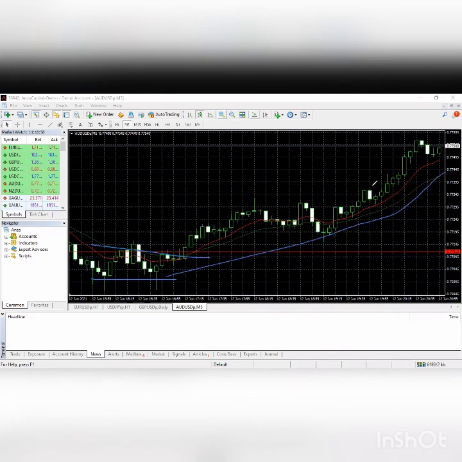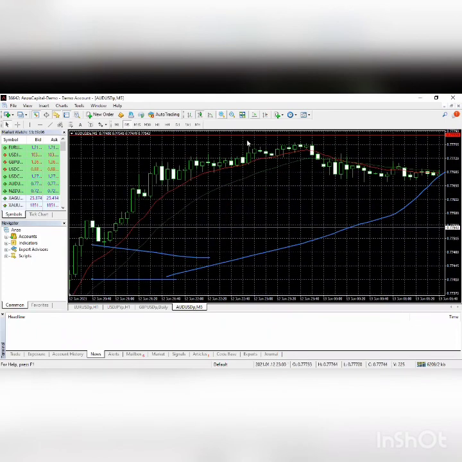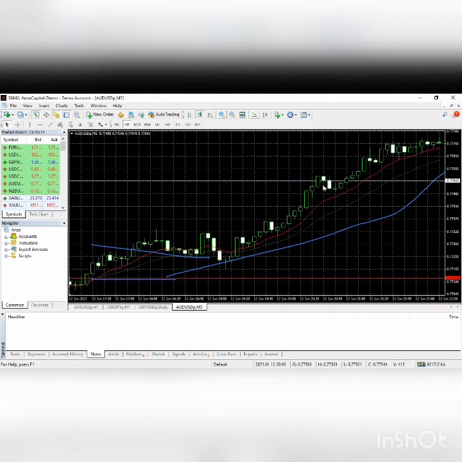So kaya yun, nakapag-take profit tayo kaninang umaga at around this area somewhere. So yun yung nangyari. Kaya umexit na tayo.